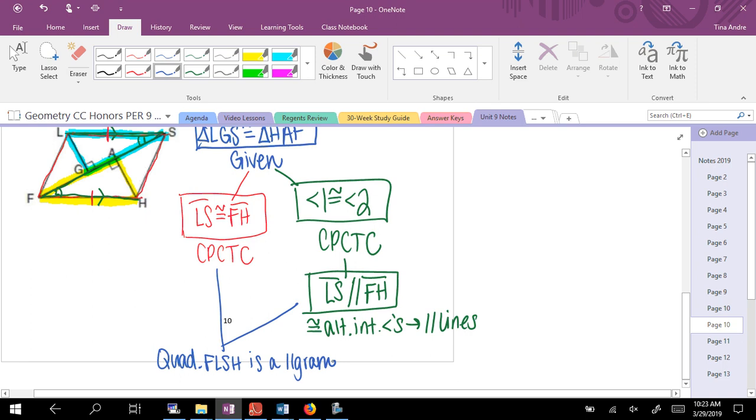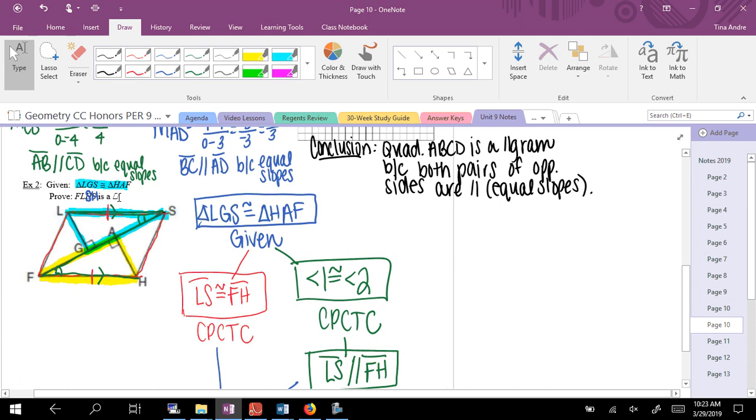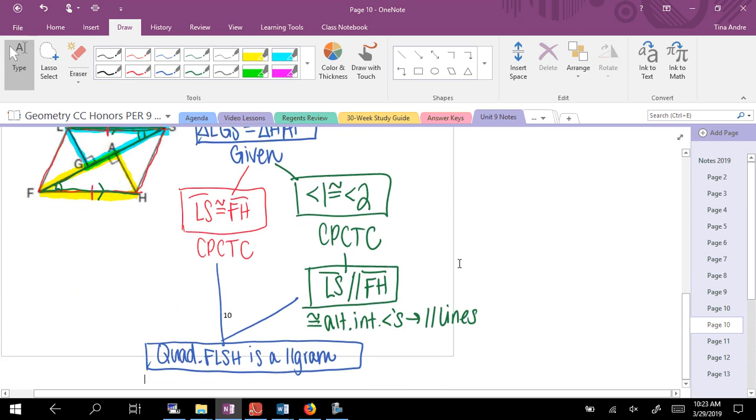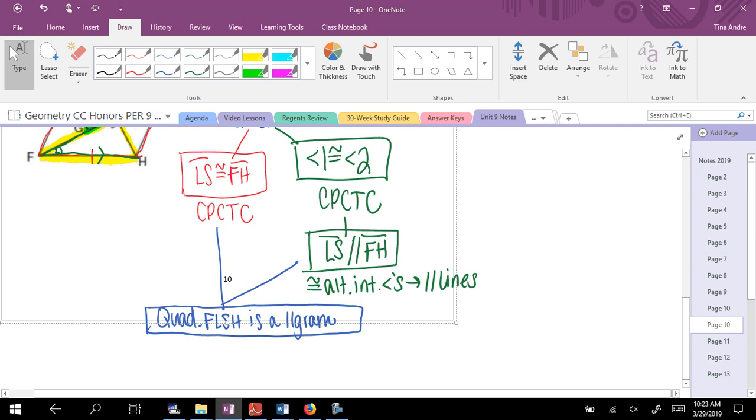And notice I didn't use that symbol. I don't like using that symbol as a parallelogram symbol because I feel like that could also mean that it's a quadrilateral, unless you're assuming that's a parallelogram. So I'm just going to say FLSH is a parallelogram.